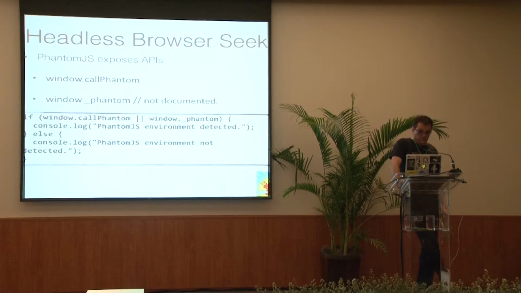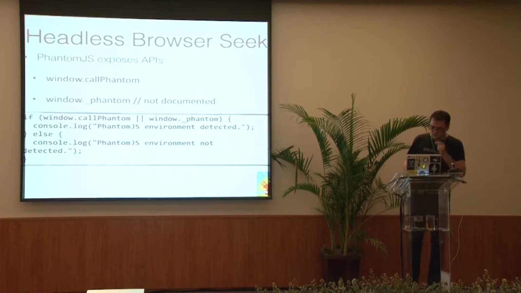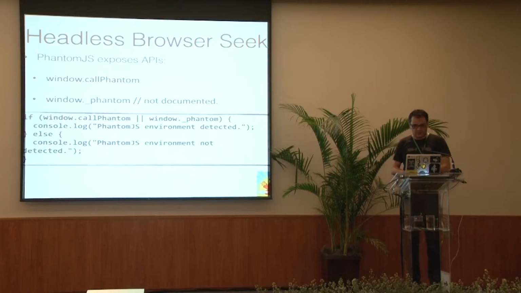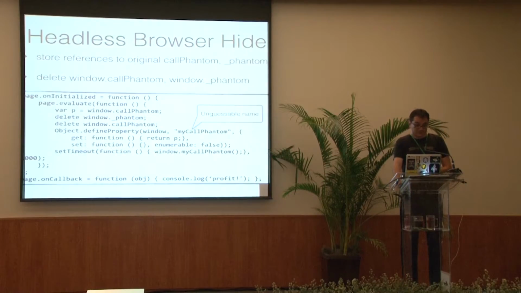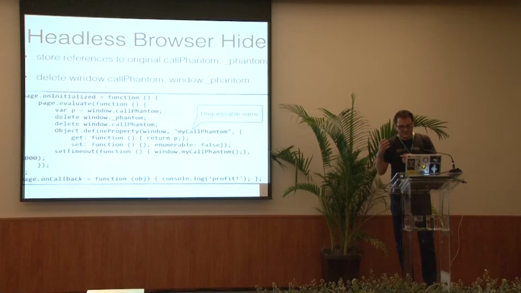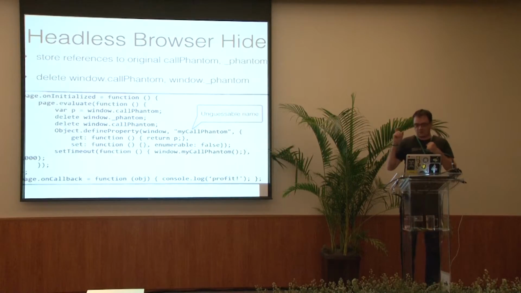Well, I mentioned window.callPhantom and window._phantom, which are not documented. We know that the JavaScript environment that runs inside PhantomJS would have those two properties, so the easiest thing is to check if they exist. Looks pretty reliable. In fact, not. If you basically execute delete window.callPhantom in your web page, it will delete those properties from the PhantomJS context.